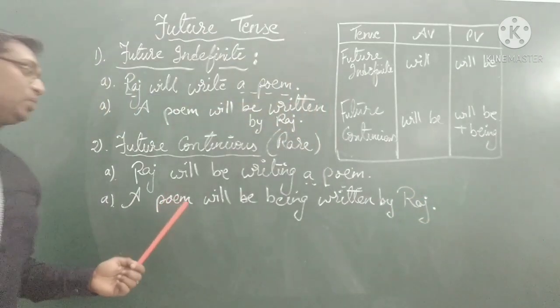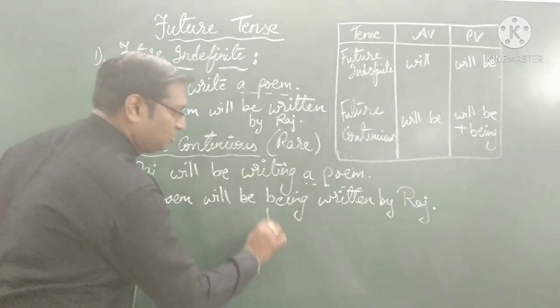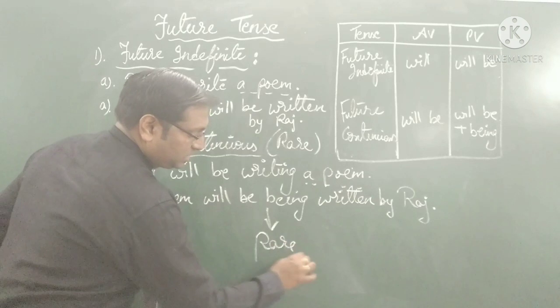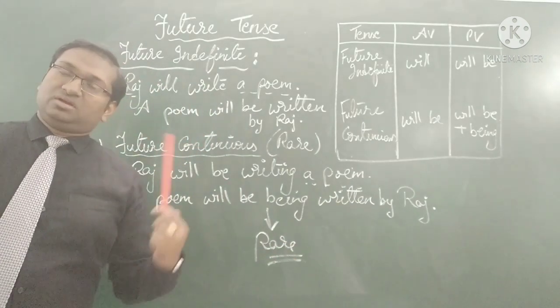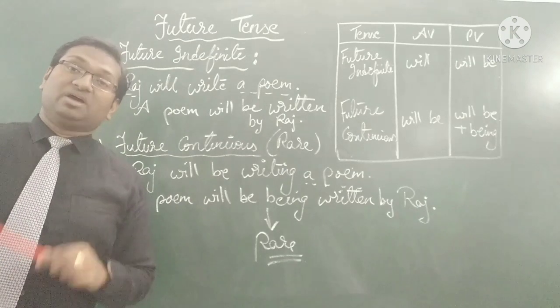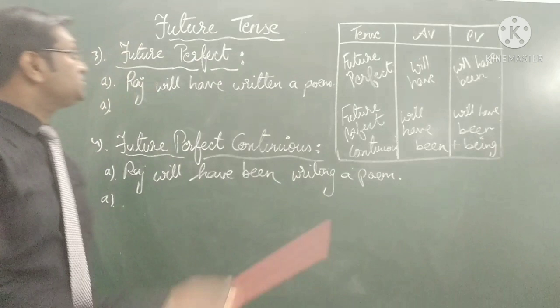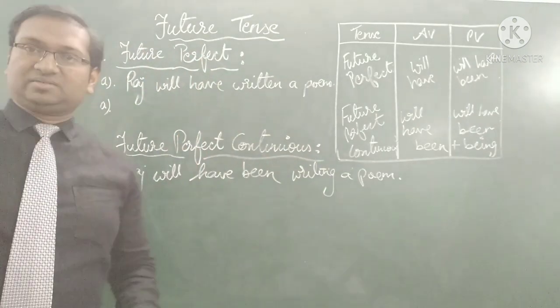A poem will be being written by Raj. So this is called your rare future continuous active and passive sentence. Rare, we hardly use it.